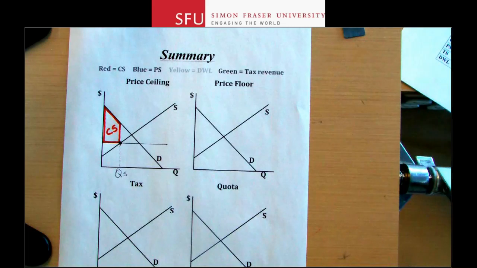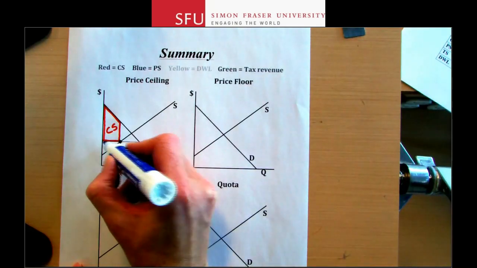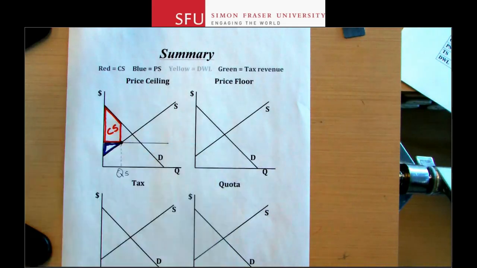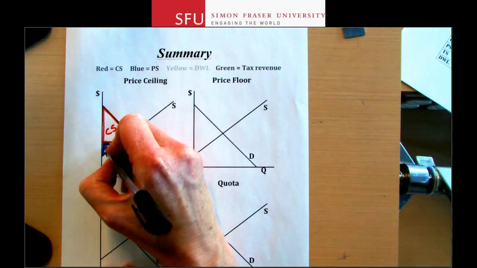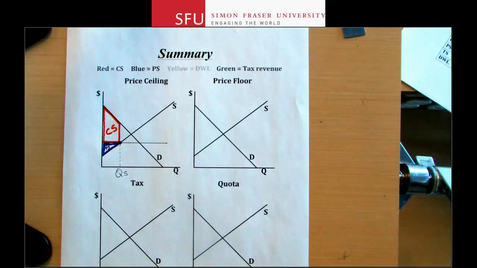And then producer surplus. So producers get paid this price, and this is their marginal cost, so this will be their producer surplus. And then deadweight loss.